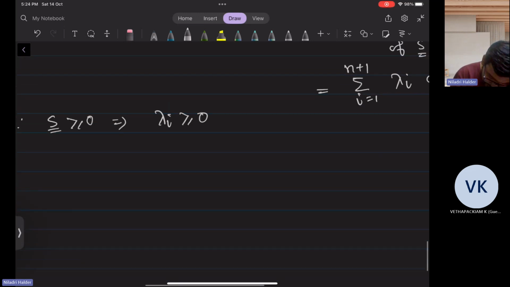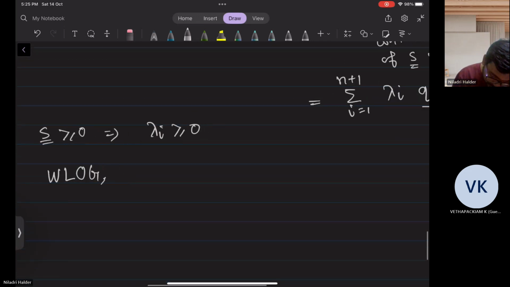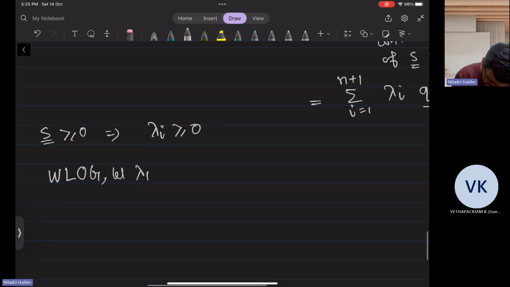Then let us arrange, without loss of generality, lambda 1 is greater than or equal to lambda 2, greater than or equal to lambda 3.